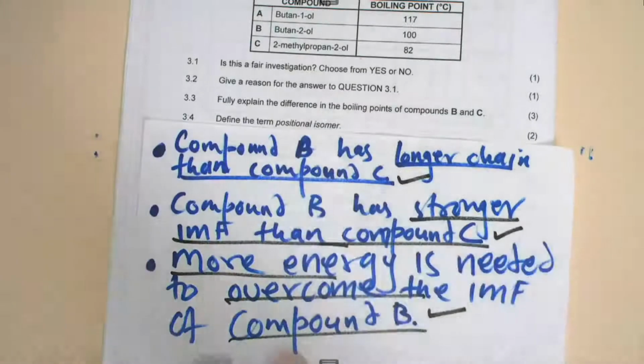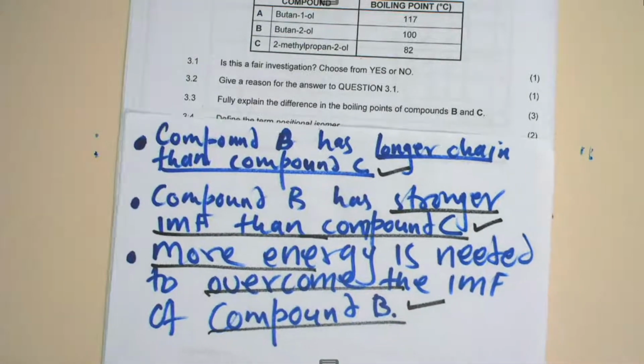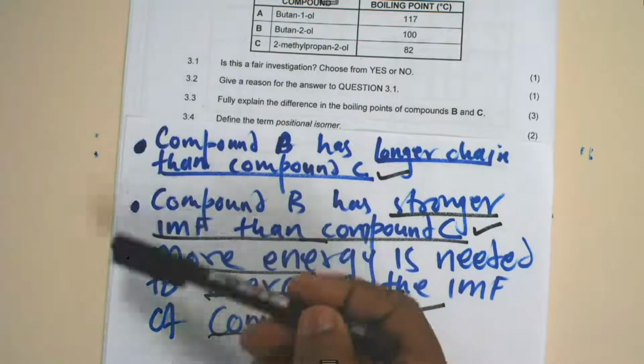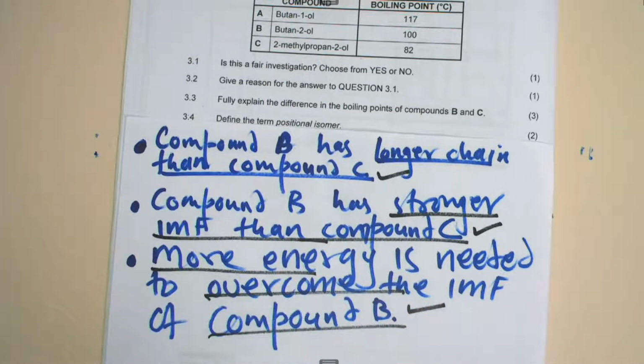So this is now a pattern that we need to follow when we try and answer these particular questions. The idea thereof is have your bullets. In bullet number 1, check which factor is being assessed. Bullet number 2, compare the strength of intermolecular forces. Bullet number 3, say something about the energy that is needed to overcome those intermolecular forces.